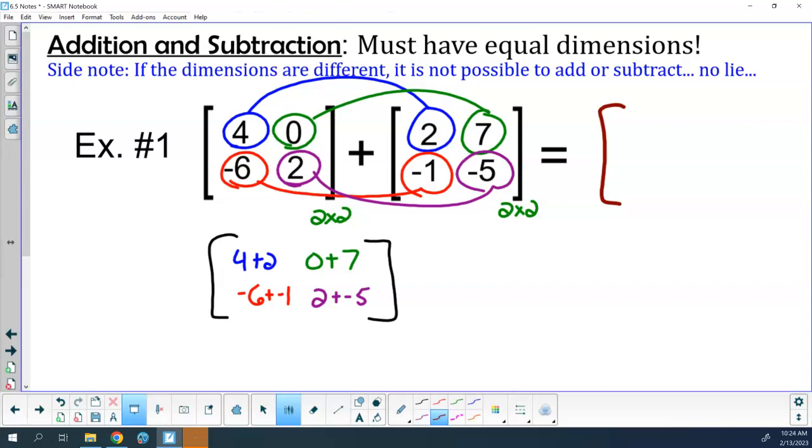So this is a 2 by 2 matrix, 6, 7, -7, -3. Left to right, top to bottom, just like you were reading a book. Take a pause after each row.